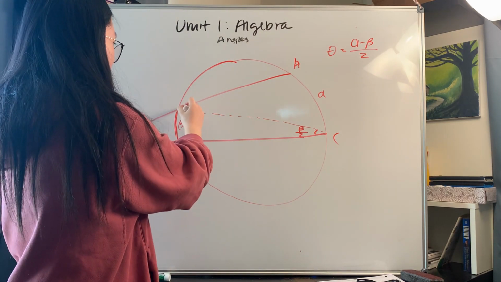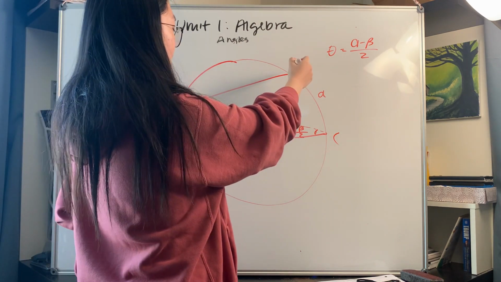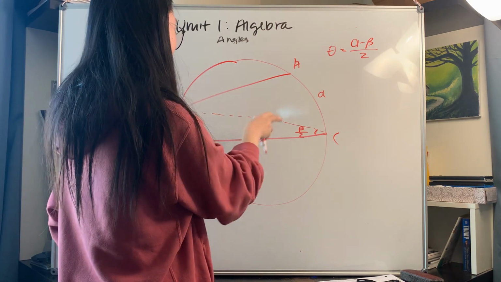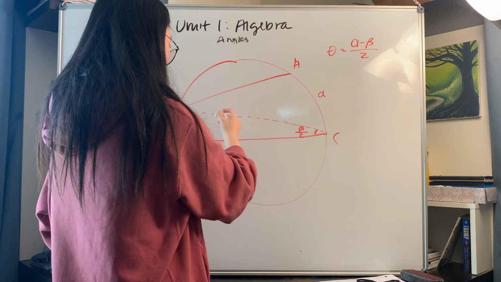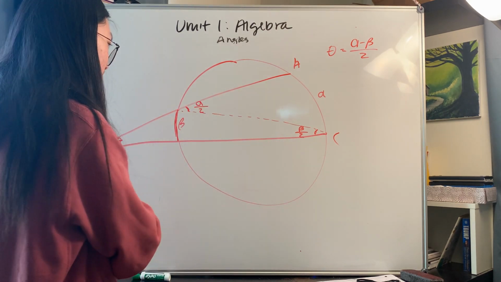And this inscribed angle over here intercepts arc A. So that means that it's equal to arc A divided by 2.